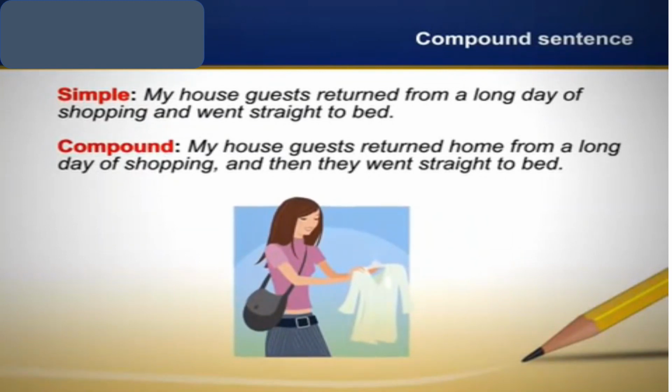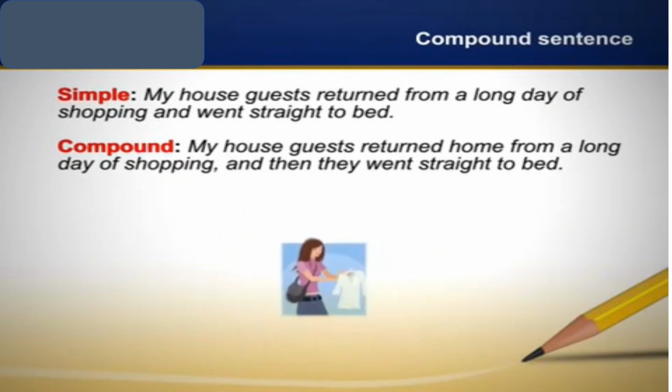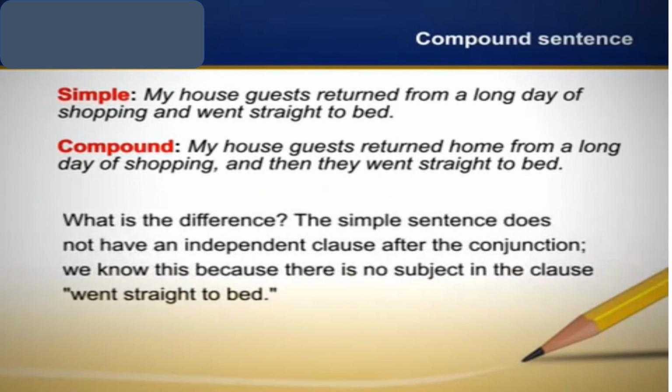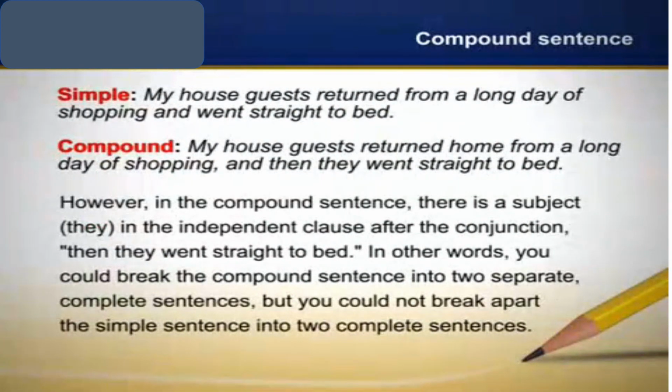Compound: My house guests returned home from a long day of shopping and then they went straight to bed. What is the difference? The simple sentence does not have an independent clause after the conjunction. We know this because there is no subject in the clause went straight to bed. However, in the compound sentence there is a subject, they, in the independent clause after the conjunction: then they went straight to bed. In other words, you could break the compound sentence into two separate complete sentences, but you could not break apart the simple sentence into two complete sentences.